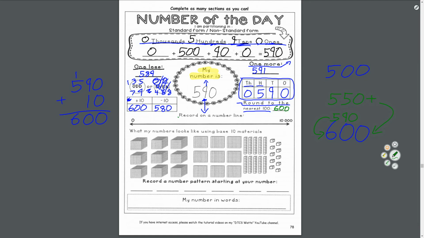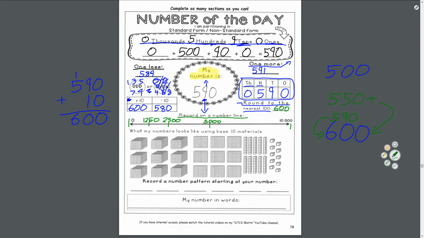Okay. Record on a number line. This line goes from 0 to 10,000. In the middle of those numbers is 5,000. That's way too much, so let's keep breaking it down. Between 0 and 5,000, 2,500. Between 0 and 2,500, 1,250.